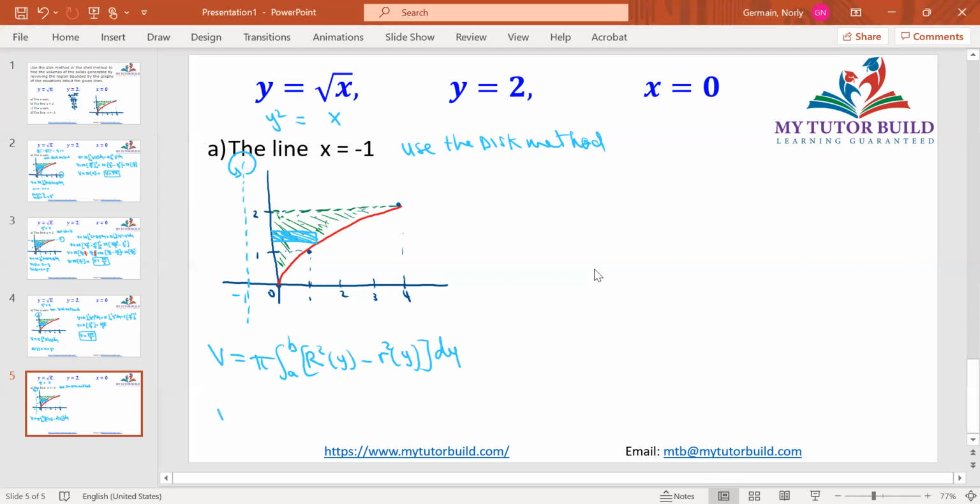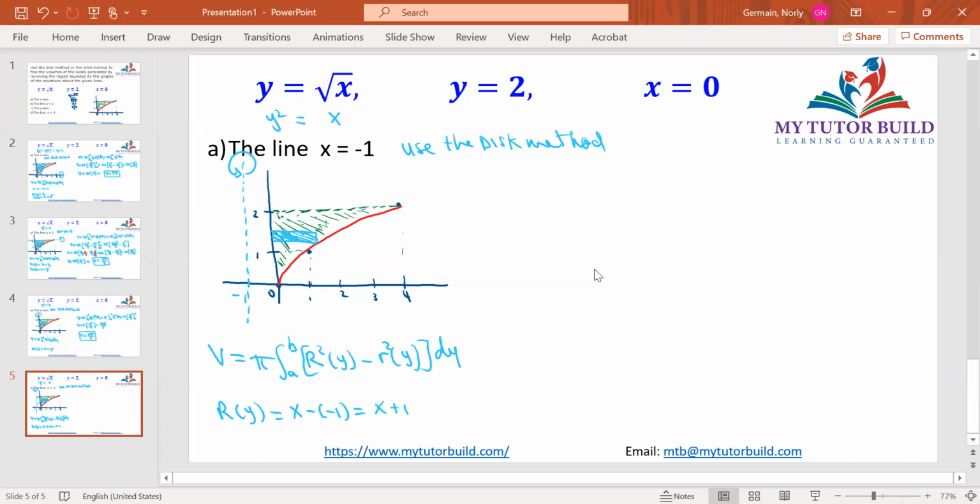Now, what is the big R of y? First of all, that's the one we need to identify. We said the big R has been written as x, which is x equals y squared. But now we need to add or subtract -1 to it. If we subtract -1, it gives us x plus 1.